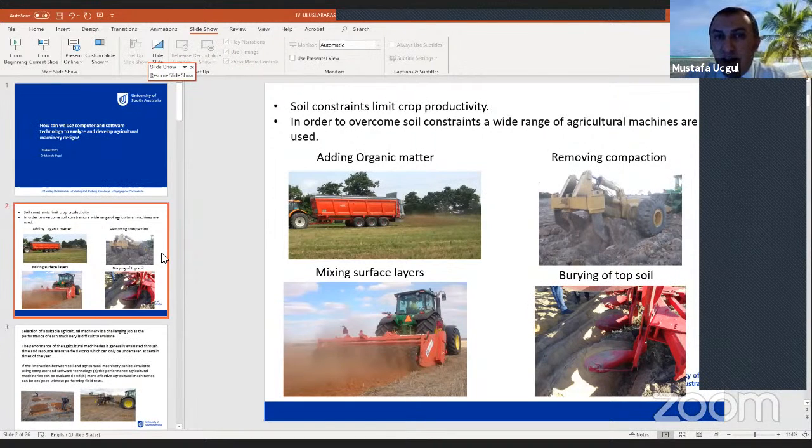We use basically primary tillage tools like moldboard plow, disc plow, or some cultivators or deep rippers. As well as that, we use some fertilizer spreaders to add fertilizer to the field.